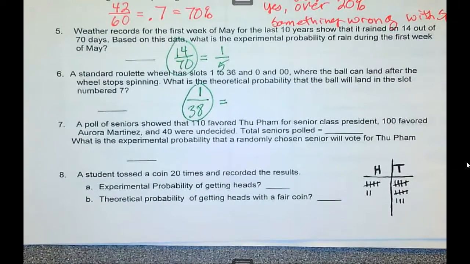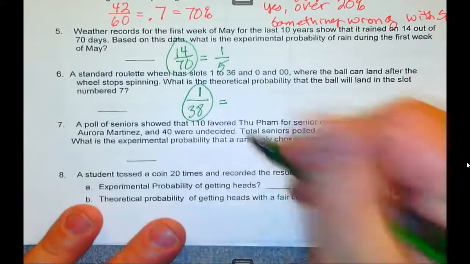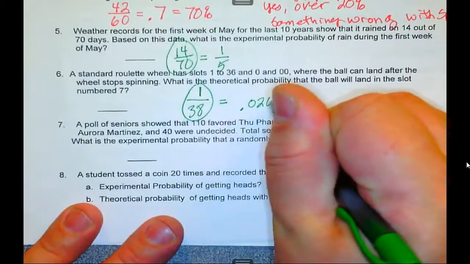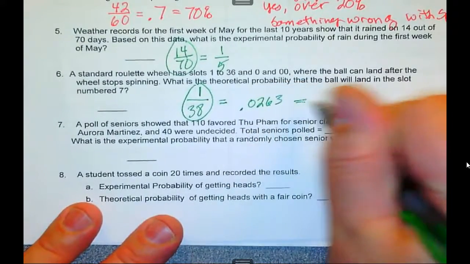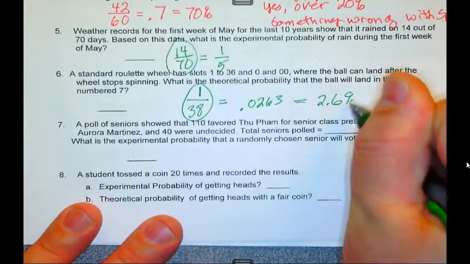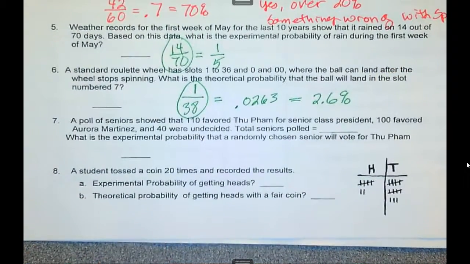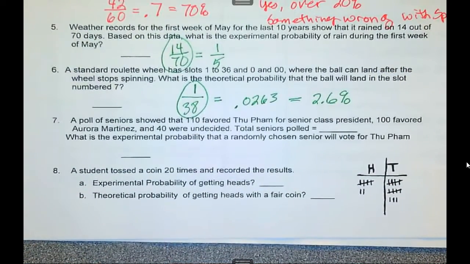Maybe not. Nobody's got a calculator. It's probably pretty small. That's why people never win at roulette. It's really hard to win in roulette, because you only have a 2.6% chance of winning. That's pretty low.